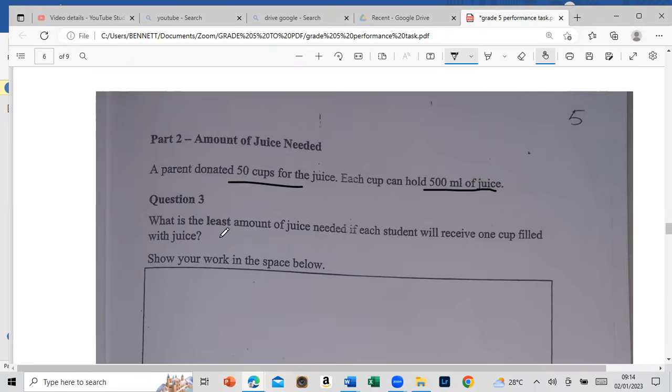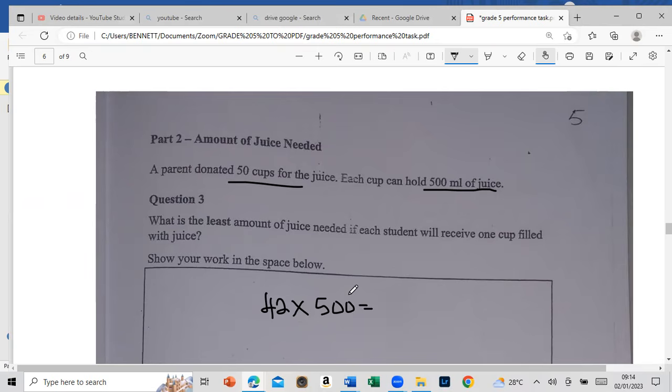All right. So basically, you have 42 students, right? Each cup holds 500 milliliters. So let's just assume that each person is going to get the same amount, which is the maximum, which is 500 milliliter.